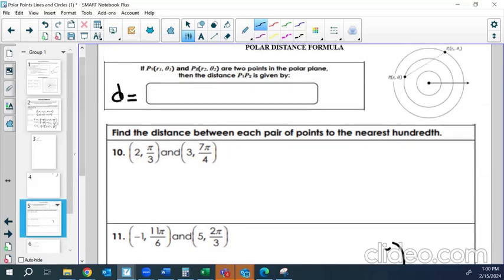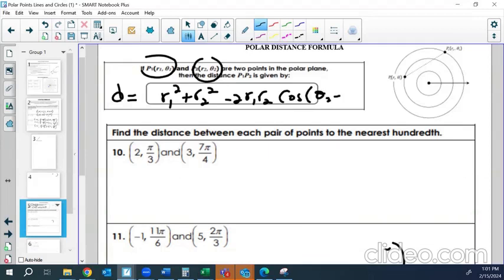D is equal to, given 2 polar points, P1 and P2, the distance is going to equal the square root of R1 squared plus R2 squared minus 2 R1 R2 times the cosine of the difference of the angles, theta 2 minus theta 1, the difference of the angles.